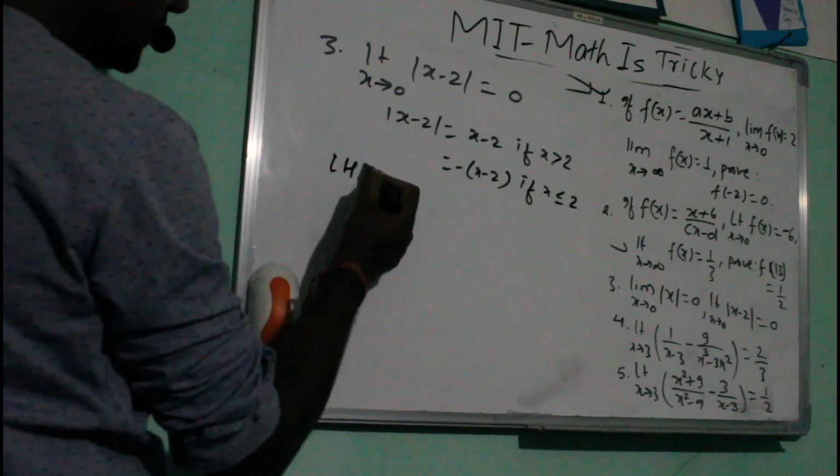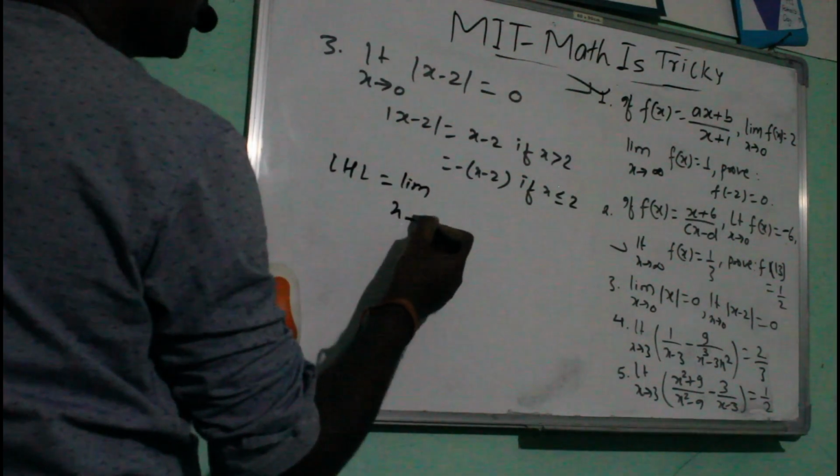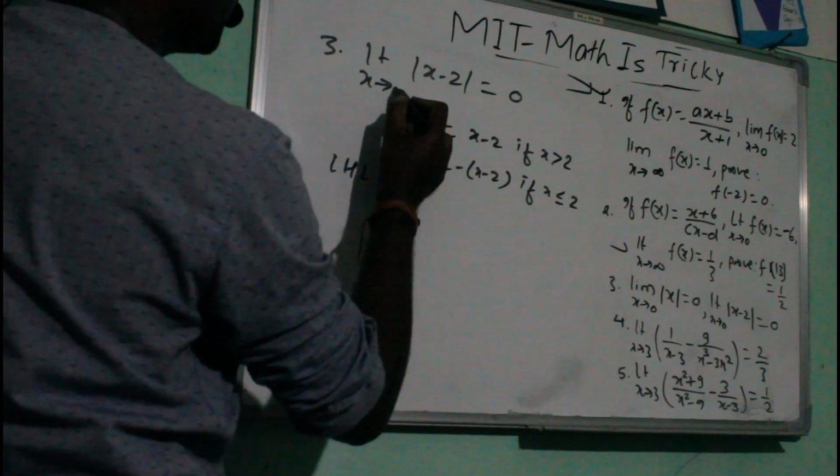So what we'll get here, left hand limit equals limit x tends to, it should be 2, not 0, it is 2. Let's correct here, it is 2.